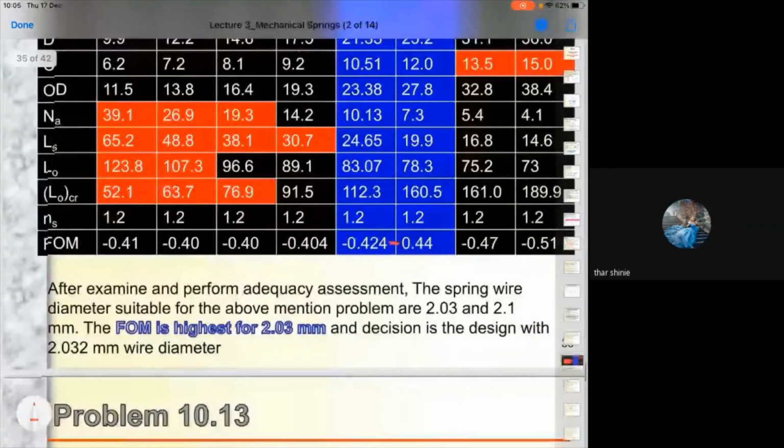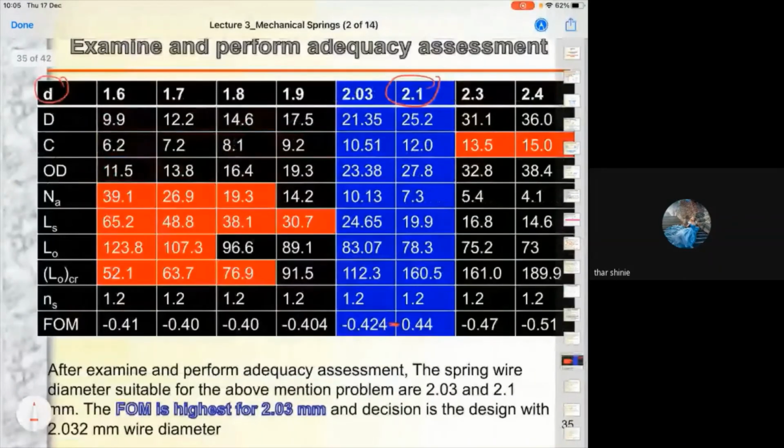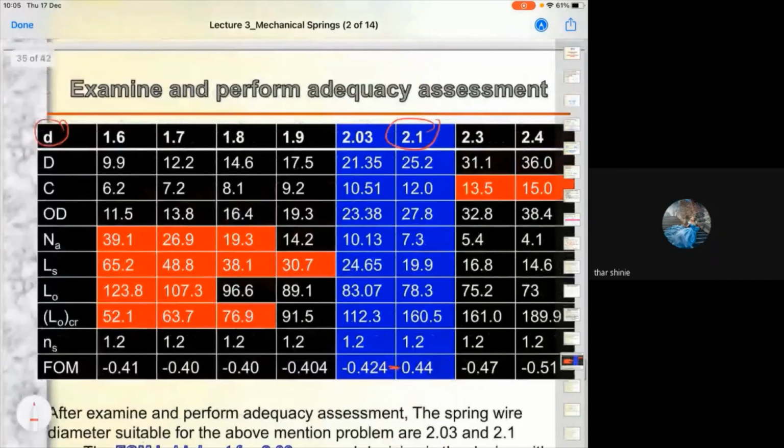So in previous semesters, this question is quite popular for spring in the final exam. So for example, the question asks which diameter ataupun find out the suitable diameter for this specific spring wire. And then you have to calculate.